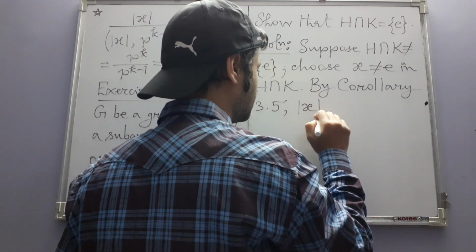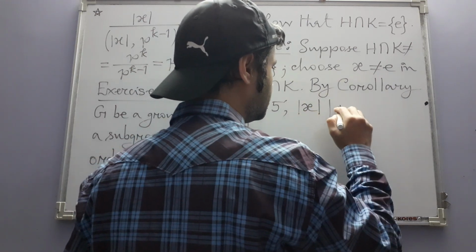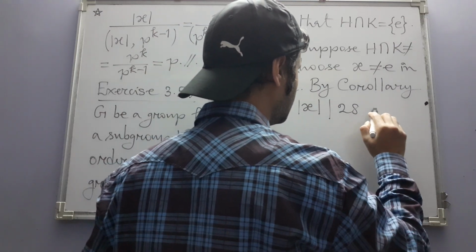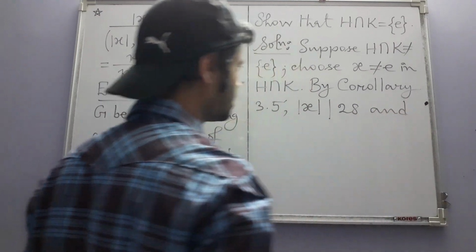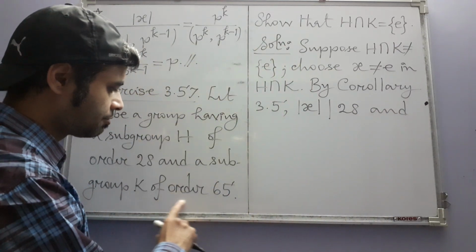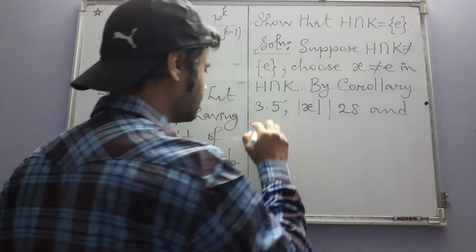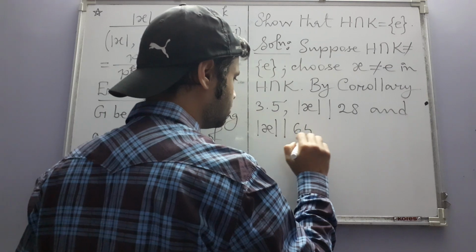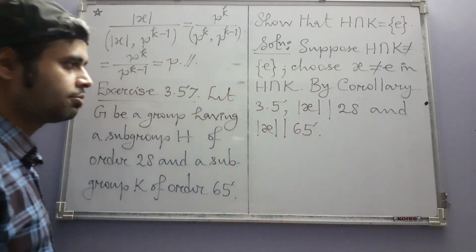the order of X should divide 28. And similarly, since X is also in K, which is a finite group of order 65, the order of X needs to divide 65.